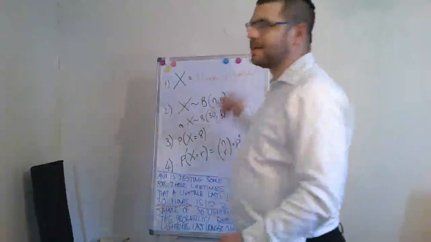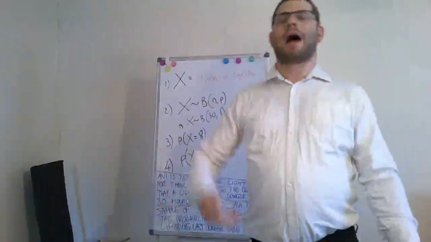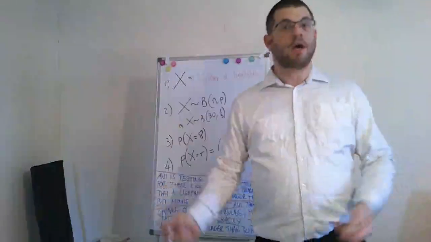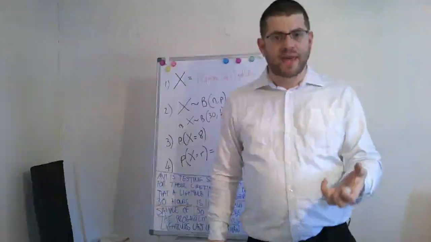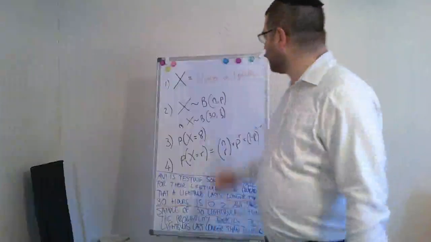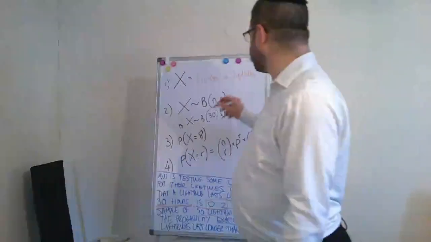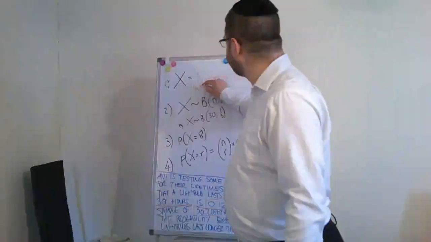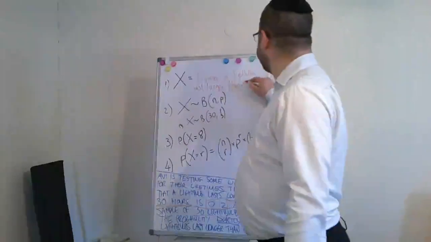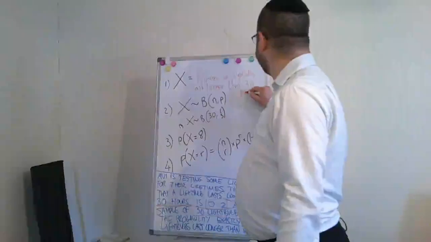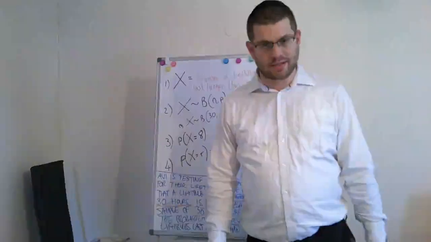So effectively, it's basically the number of things, right? It might be people, avocados, batteries, whatever it might be. Okay, the number of coin tosses, whatever it is. It's the number of things that have that success. So it's the number of light bulbs, in this case, that last longer than 30 hours. That's your capital X.